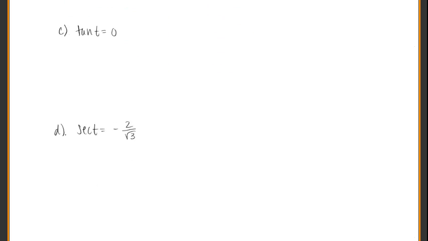Tangent. Okay? So tangent is the ratio of my y value divided by my x value. And for tangent to equal 0, that means specifically that my x value can't be 0. I can't ever divide by 0, otherwise it would have to say undefined. What that specifically means is my y value can only equal 0.